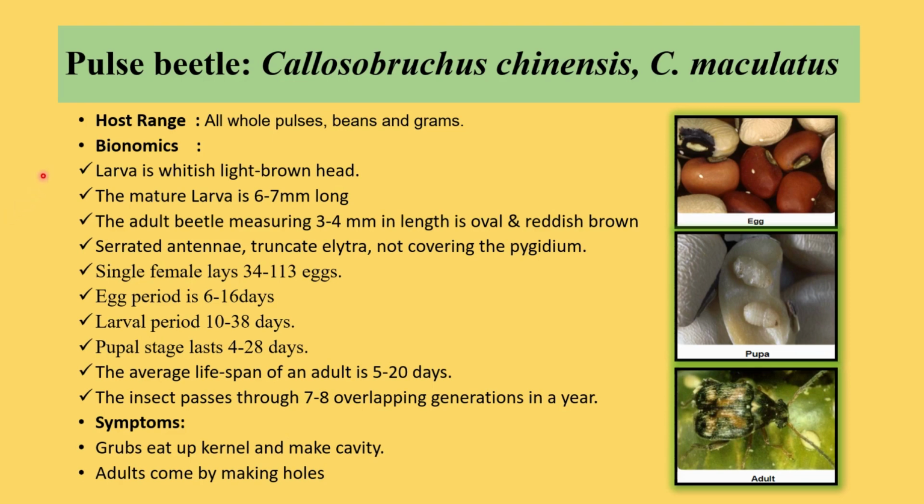The eggs are laid singly and glued to the surface of the pod or grains, and fresh eggs are translucent orange cream in color. This is the egg color, and the grub is fleshy and creamy white in color with black mouth parts. Pupation takes place in a pupal cell.